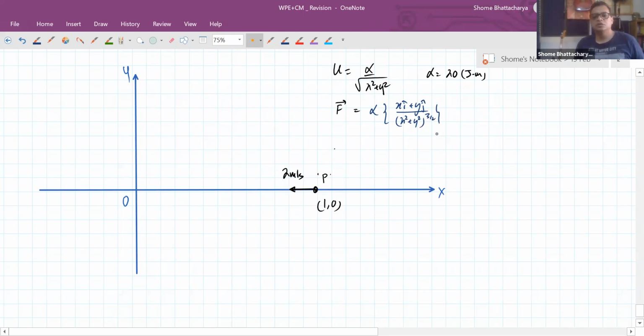Okay. So you can see that at 1, 0, the force acting on the particle will be along the positive x-axis, like this. Okay. So because of that, the particle will tend to decelerate.